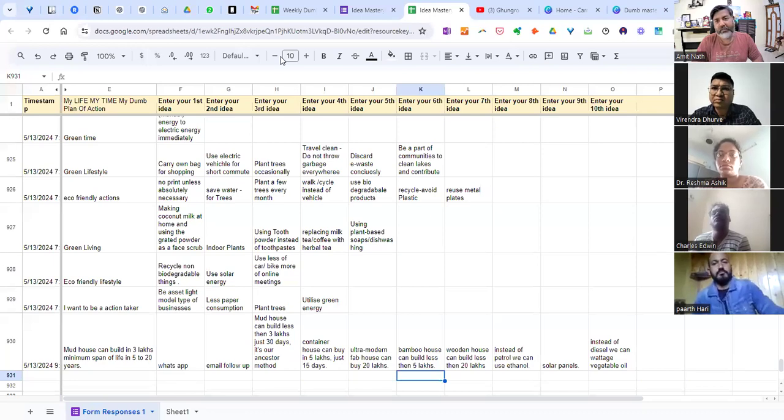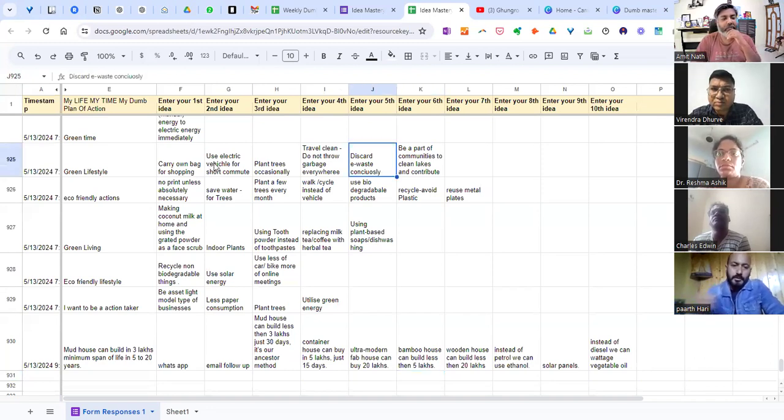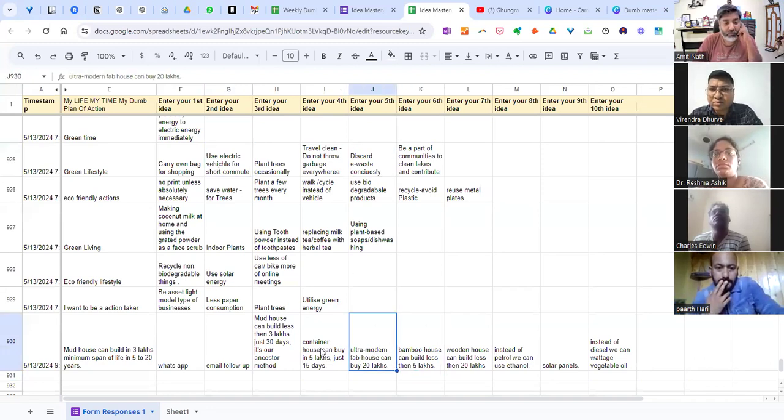The topic was 10 different ideas for an eco-friendly lifestyle. Someone said use electric, someone said bamboo house, an ultra-modern container, utilizing green energy, plant-based soap and dishes, and using bicycles instead of a car.